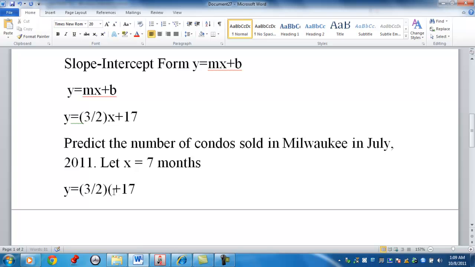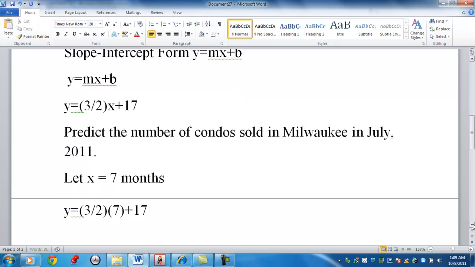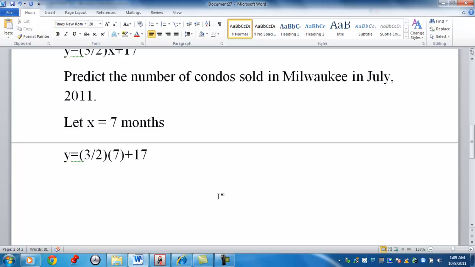So I would say, okay, we're going to replace x with 7. Then we're going to multiply this. Now 3 halves times 7 will be 21 halves, plus 17.